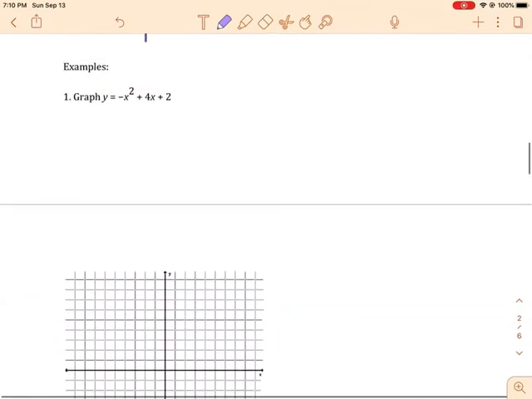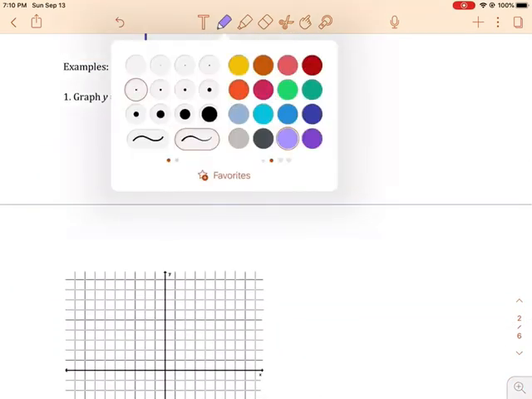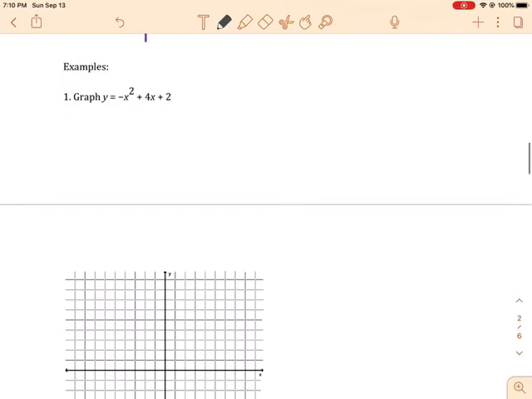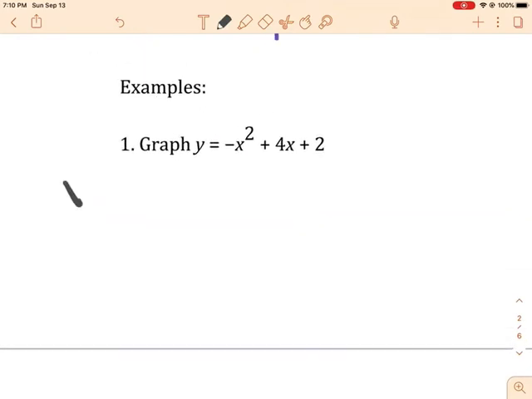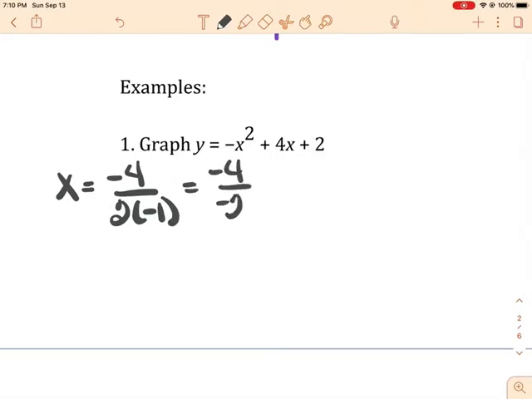You want to do this one more time? Okay, so let's do this one more time just to make sure we're all on the same page. We find our x, then find your y.